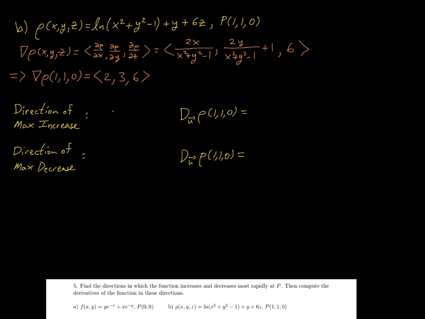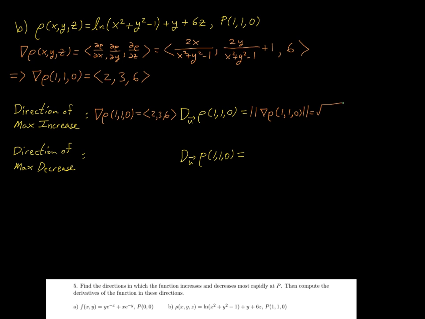Then the direction of max increase is just the direction of the gradient evaluated at our point. That exact same idea, the exact same proof carries over for functions of 3 variables. And what would be the rate of change of our function in this direction? Well, again, it would just be the magnitude of our gradient evaluated at our point.